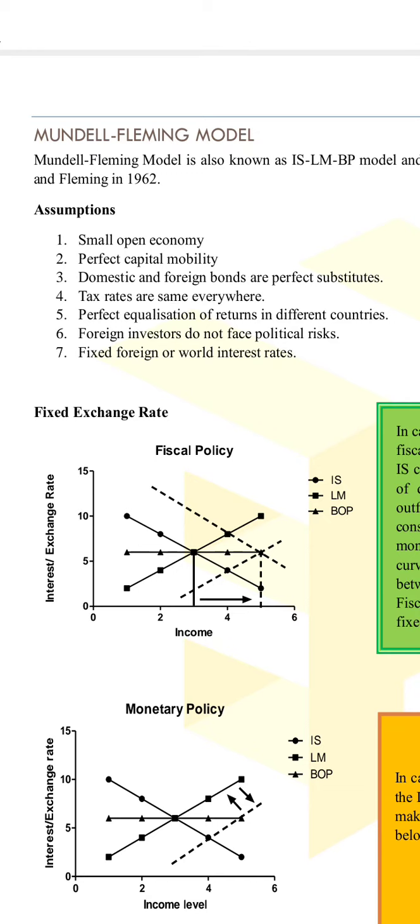The assumptions of this model are: small open economy, perfect capital mobility, domestic and foreign bonds are perfect substitutes, tax rates are the same everywhere, perfect equalization of returns in different countries, foreign investors do not face political risk, and fixed foreign or world interest rate.